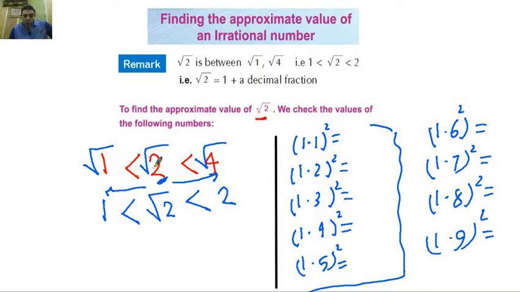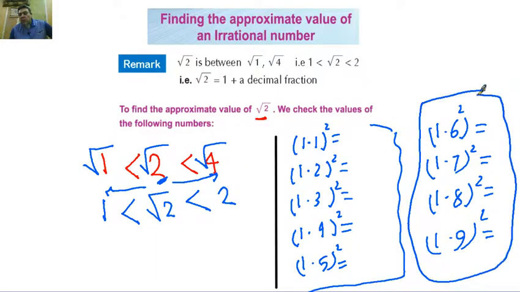If 2 is closest to 4, we can find it in the other numbers. So since 2 is closest to 1, we can find the approximated value in these numbers. 1.1 squared equals 1.21. 1.2 squared equals 1.44.